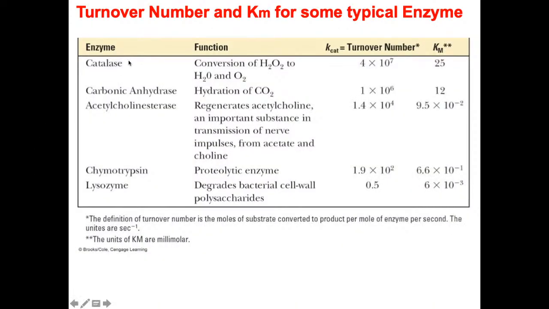And some examples like catalase, carbonic anhydrase, acetylcholinesterase, chymotrypsin, lysozyme. They all have specific turnover numbers with the various Michaelis-Menten equations.